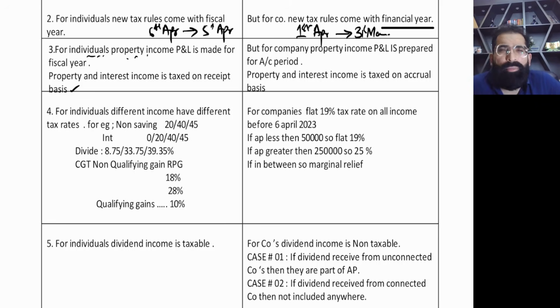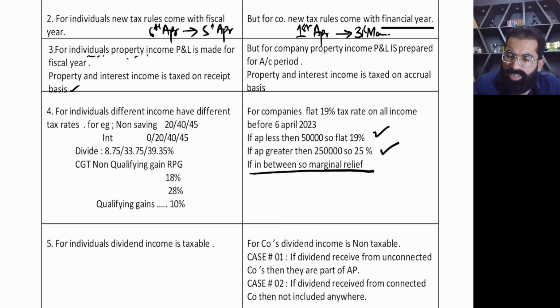But for companies, all incomes are the same, just lumped together. Before 1st April 2023, there was a flat tax rate of 19%. And after 1st April 2023, now we have a 19% tax rate and a 25% tax rate, and we have one area with marginal relief as well.